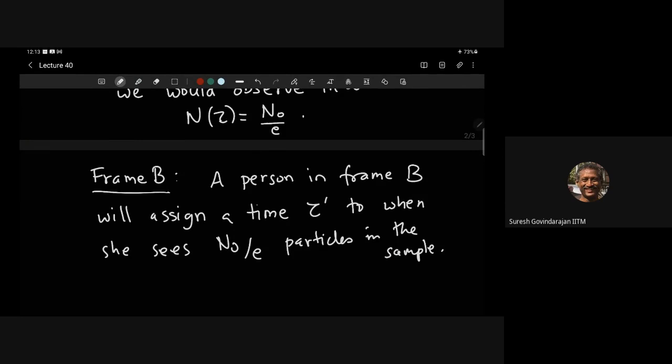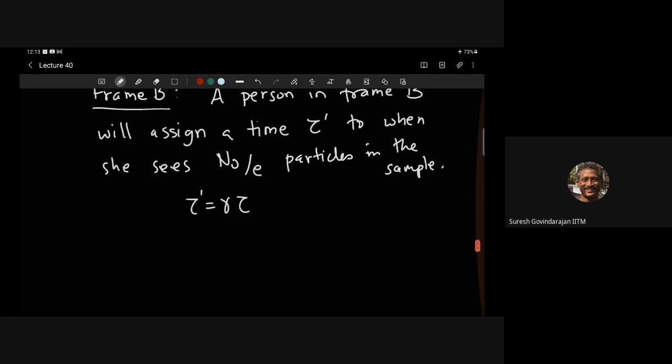So how is tau prime related to tau? Because this was an interval, 0 to tau, over which it went down, this interval will get expanded to tau prime.